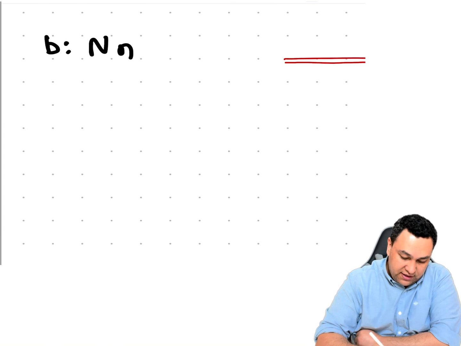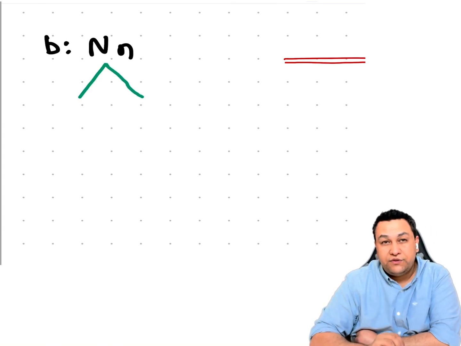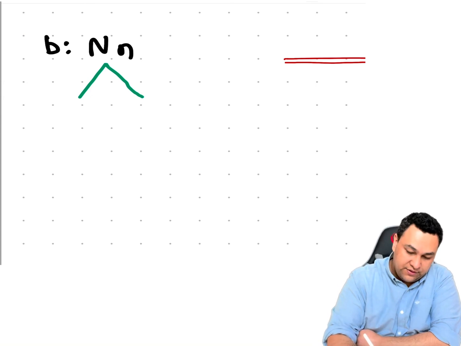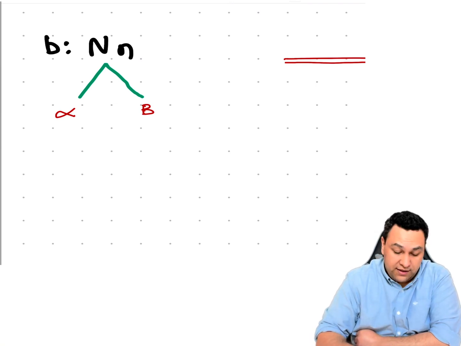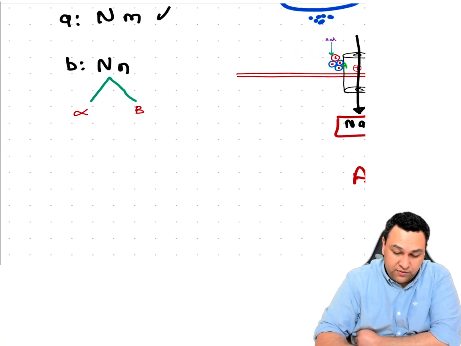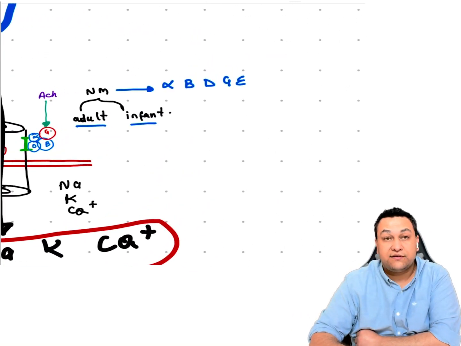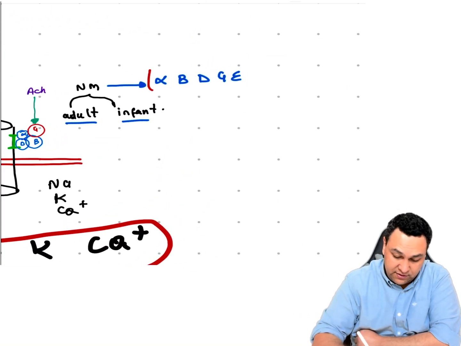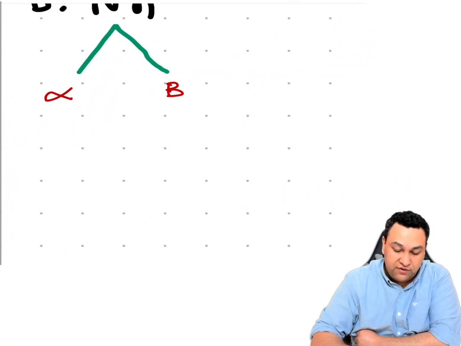Actually, the nicotinic neuronal type is made up of two different subunits, and those are alpha subunits and beta subunits. As you remember, the muscular type was made up of alpha, beta, delta, epsilon and gamma subunits. But here, the neuronal type is only made up of alpha and beta.